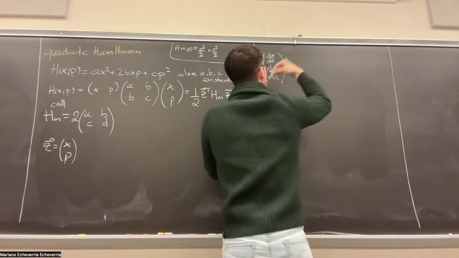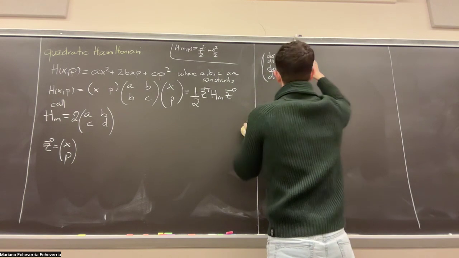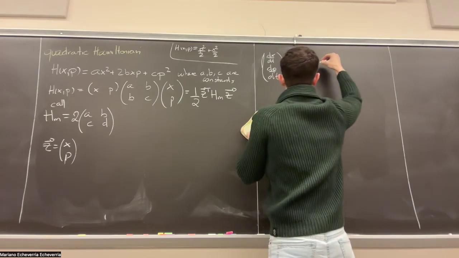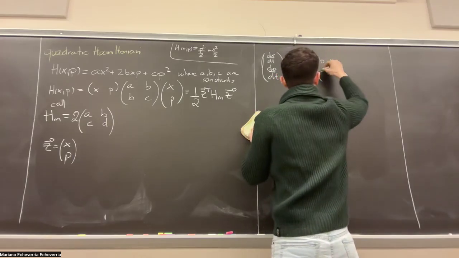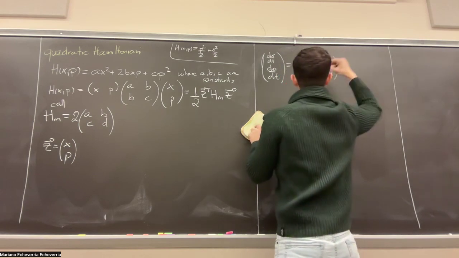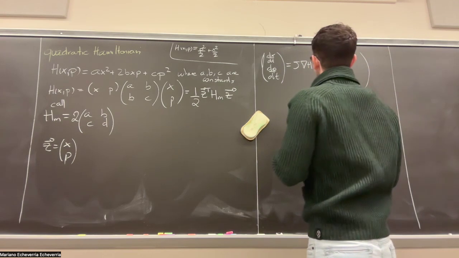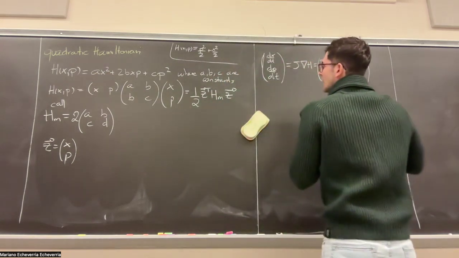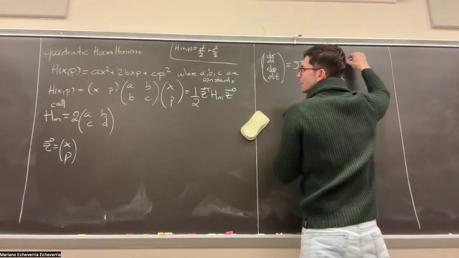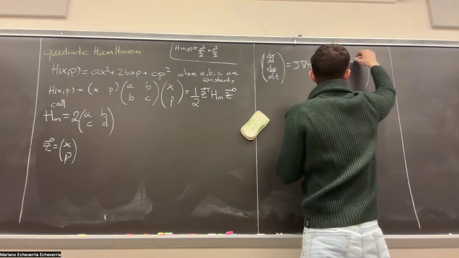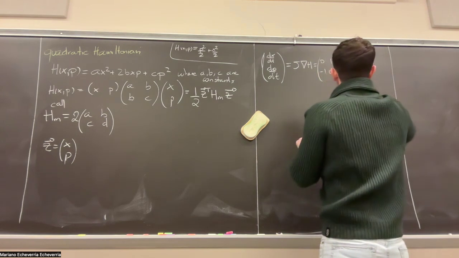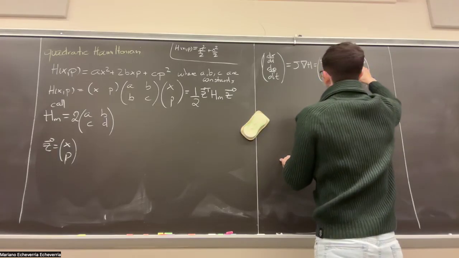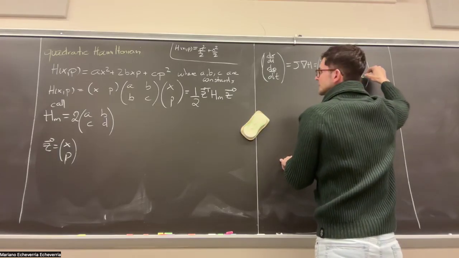If you remember, the way to write the equations in matrix notation was J times the gradient of the Hamiltonian, where J is the matrix 0, 1, -1, 0. And what's the gradient in this case? The derivative with respect to x gives you 2ax plus 2bp, and the derivative with respect to p gives you 2bx plus 2cp.